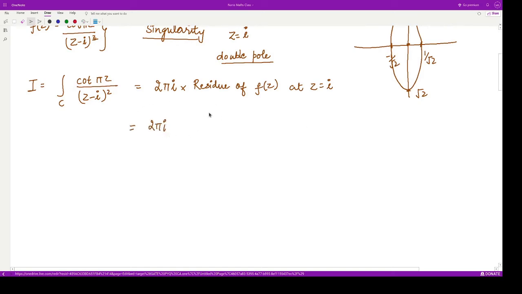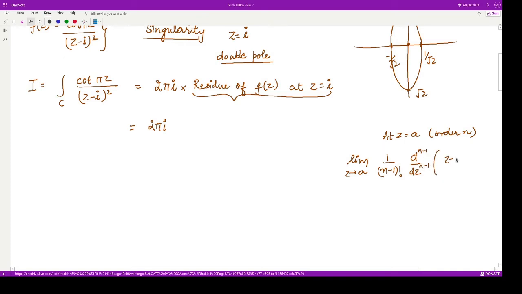For that you must know the formula for calculating residue. If you are calculating the residue at some point, say z equal to a, having order n, the formula is: you take the limit z goes to a of 1 by (n minus 1) factorial, and then the (n minus 1)th derivative of the function (z minus a) raised to power n into f(z).